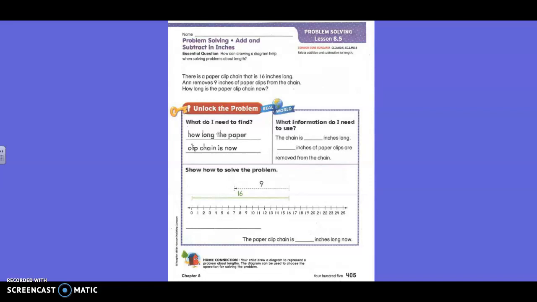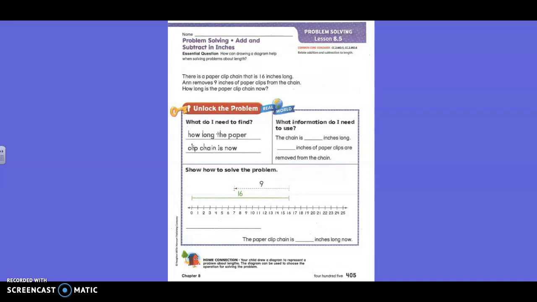So how many inches are left? What are we going to do, Xander? How did you know that? What word helped you figure subtraction? Removes. Removes means what, guys? What does remove mean? Taking away.